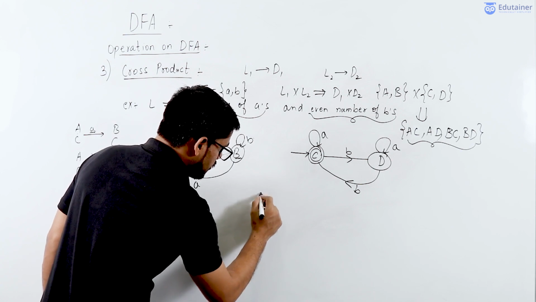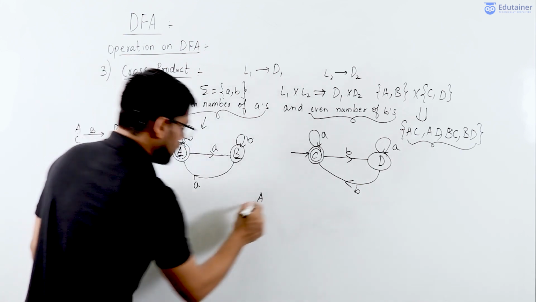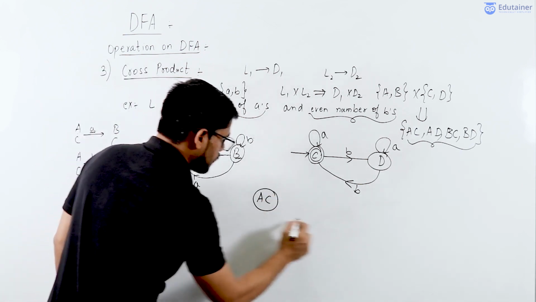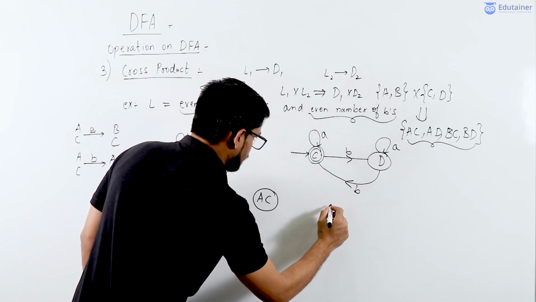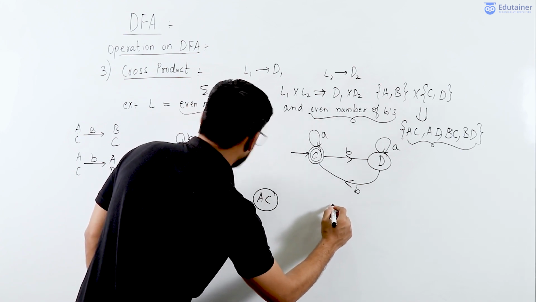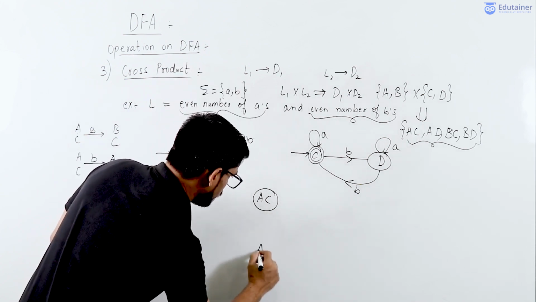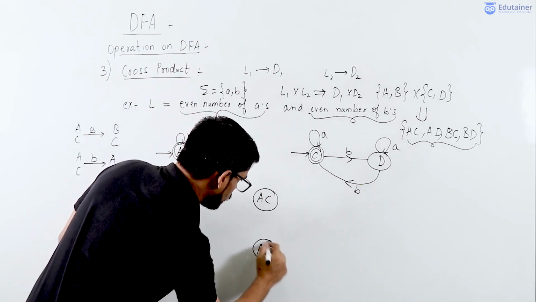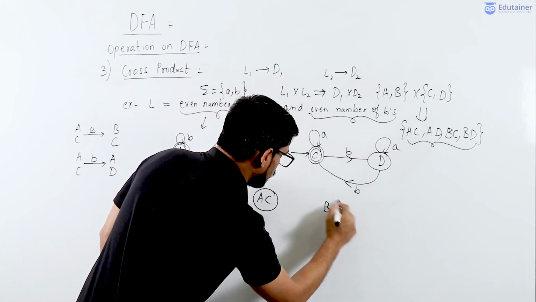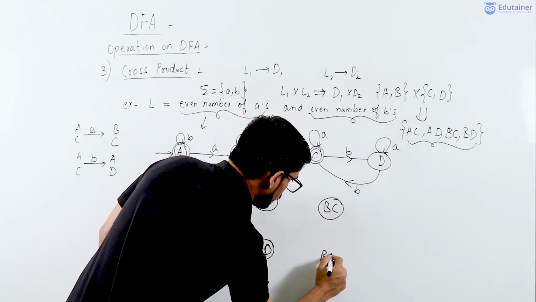So here I can easily draw the transition diagram: AC, AD, here BC, and here BD.